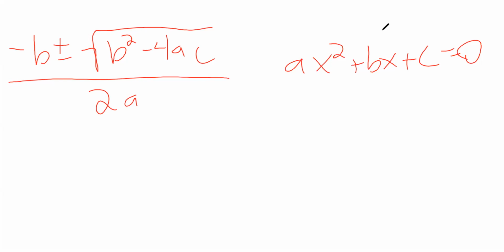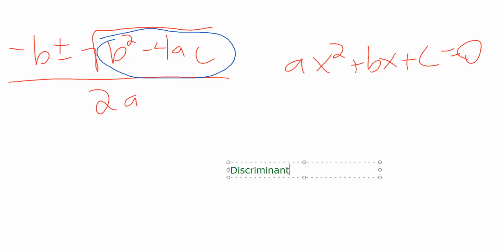Now, a few things of interest to us in that quadratic formula, just from looking at it. We can look at this thing inside the square root, and we actually give that a special name. We call that the discriminant.